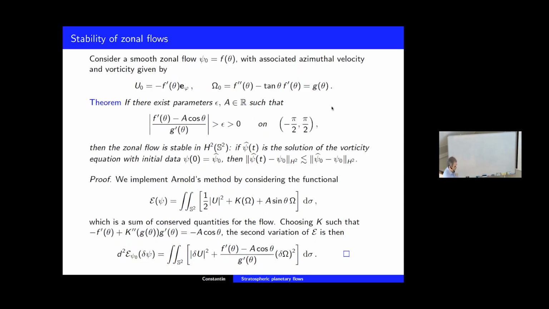Right. So now the question that I want to address next is the stability. And there is a very powerful method, so nonlinear stability, this is what I want. Nonlinear stability in the sense that if you start close, you will stay close for all times.